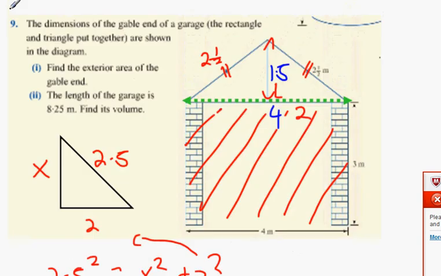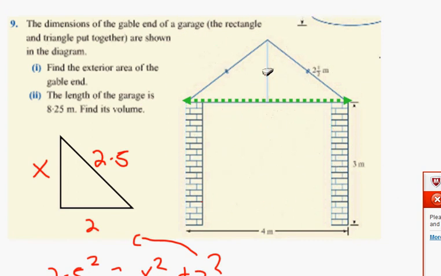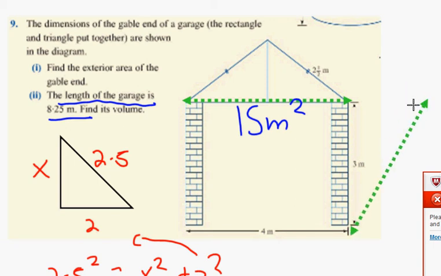Go back to the top. Now, this whole thing here, don't have to worry about anything else now. The whole thing is 15 meters squared. It tells us that the length of the garage is 8.25. So if I was to draw something like that, you can see that's basically what they're looking at. It's just a 3-dimensional image.